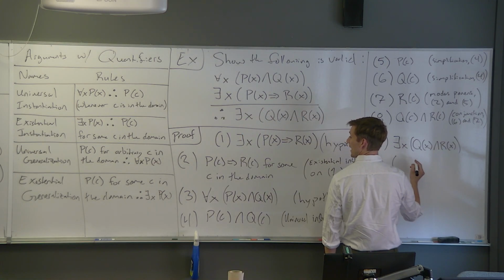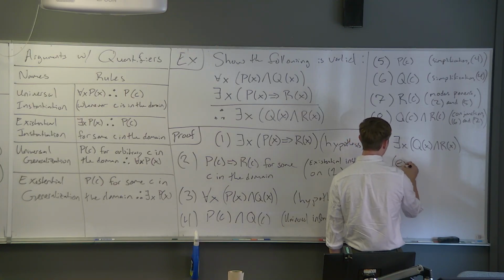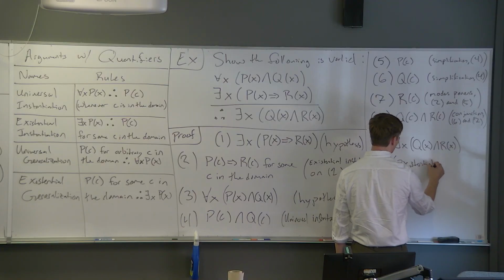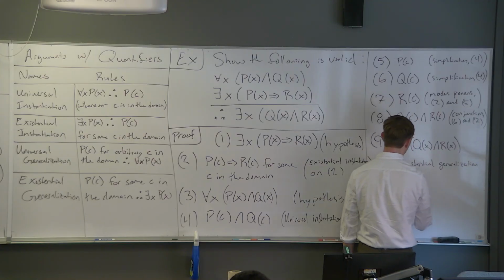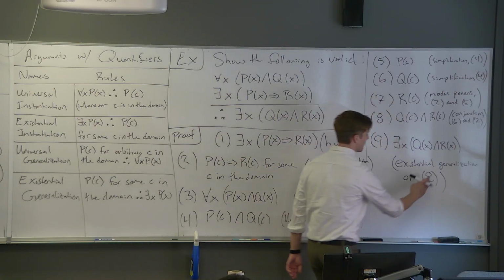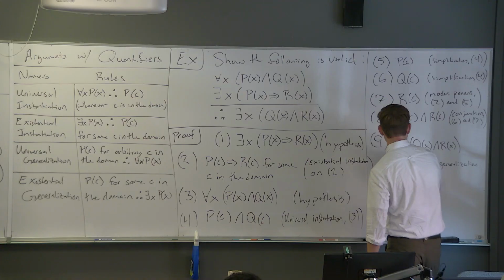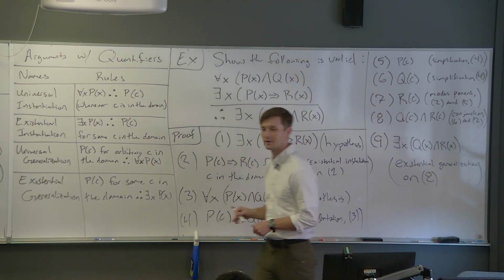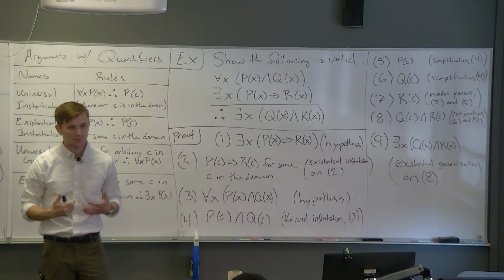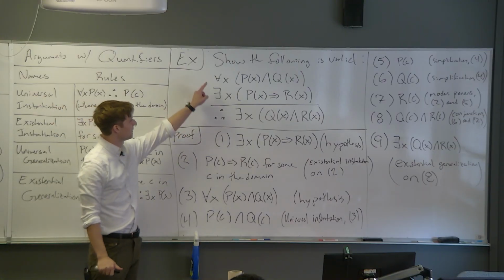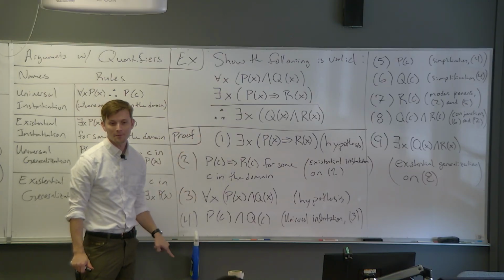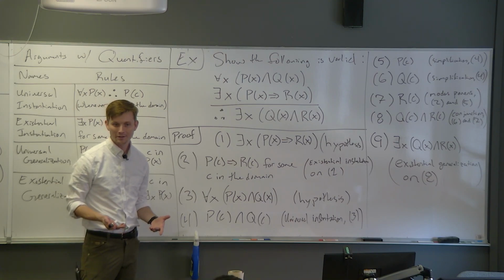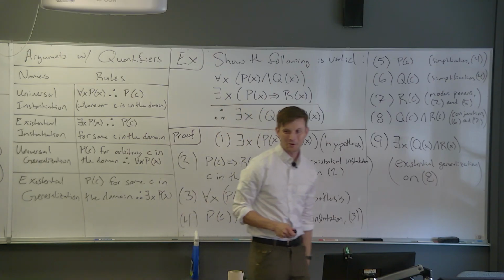So this is an existential generalization on 8. Make these bigger surrounding parentheses. Okay. And hey, we did it. We started with our hypotheses, we performed manipulations on them, and we reached our conclusion. Nice. That's exactly what we wanted.